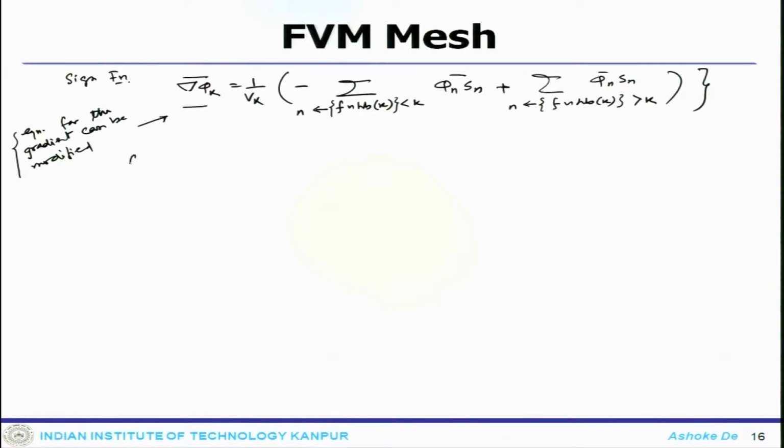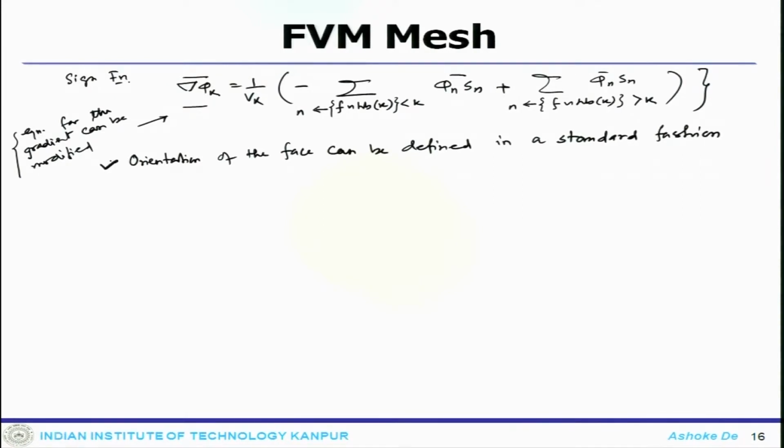Okay. Now, so that means basically the orientation of the face, the orientation of the face, that also can be defined in a standard fashion. Okay. So, this is very important again.